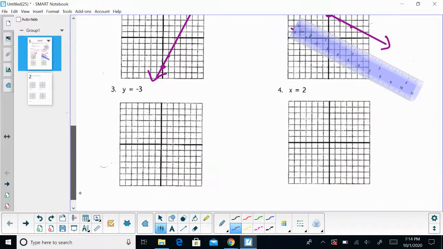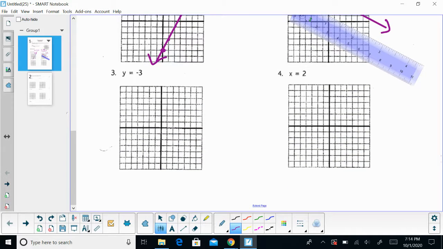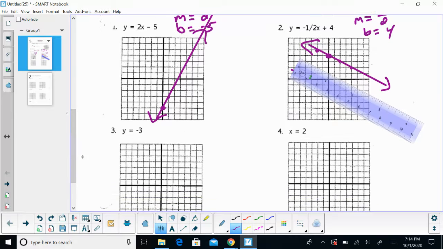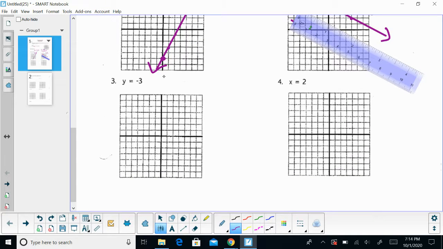Two more examples. This one I have y equals negative 3. So my slope is 0. There's no x value up here. And my b is negative 3. If you're having trouble visualizing this, let's rewrite it: y equals 0x minus 3.